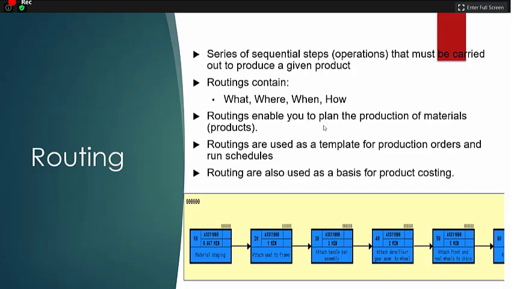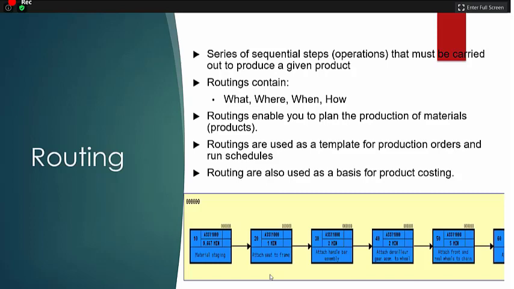The routings enable you to plan the production of material. Of course, if you follow the routings, it will give you how to do your production. The routings are used as a template for production orders and run schedules. So the routing is like the blueprint for many products, saying how to do the production, and it is used for product costing.